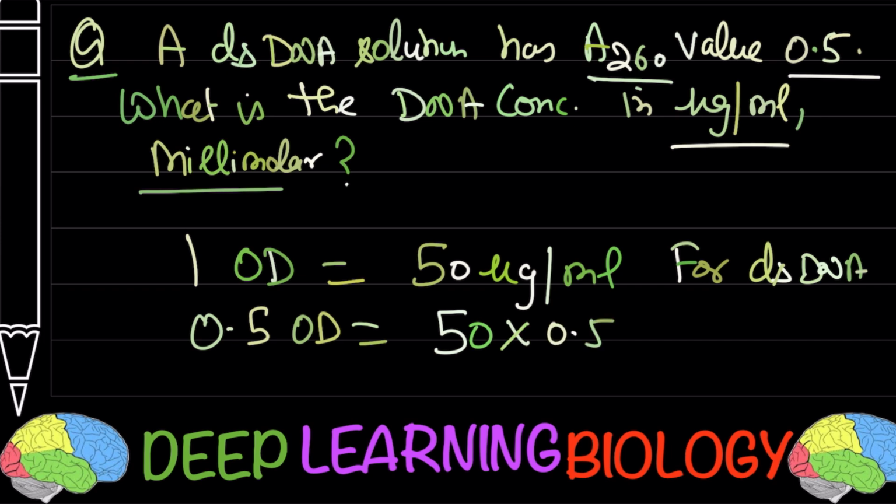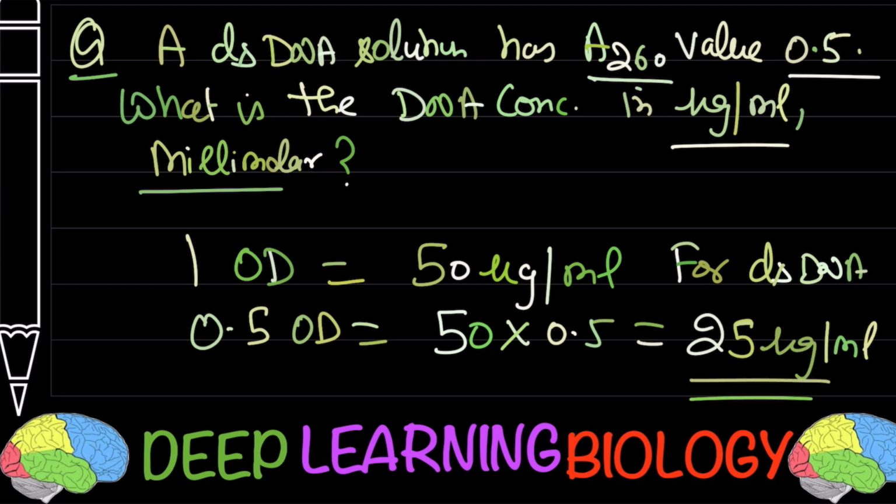If you solve this, your answer will come to 25 microgram per ml. So the sample which you have quantitated, if it is showing you 0.5 OD, the concentration will be 25 microgram per ml.